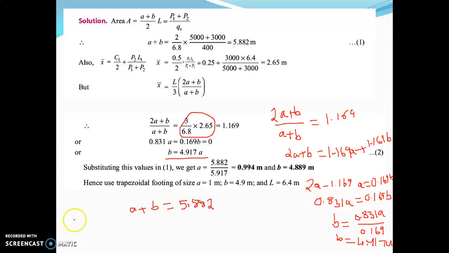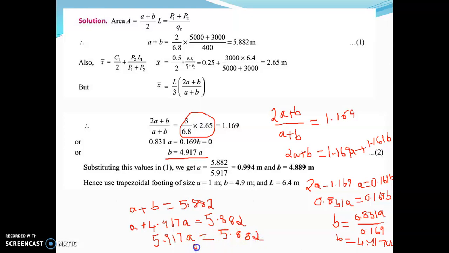Now there is only one unknown, you can calculate, correct? 1 plus 4.917 is 5.917A, equal to 5.882.